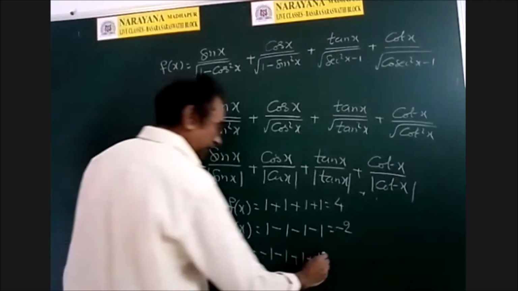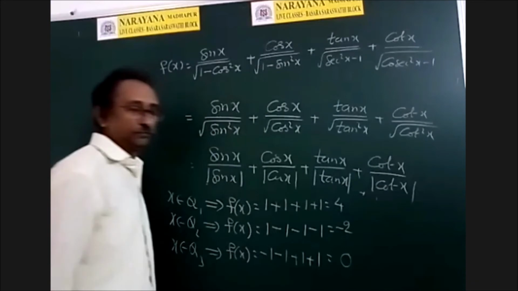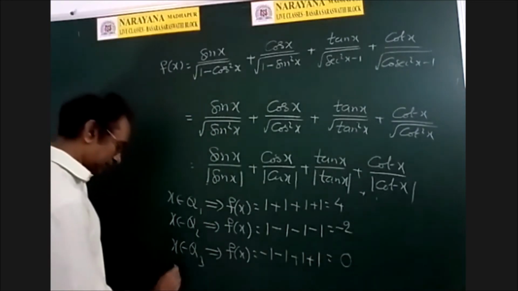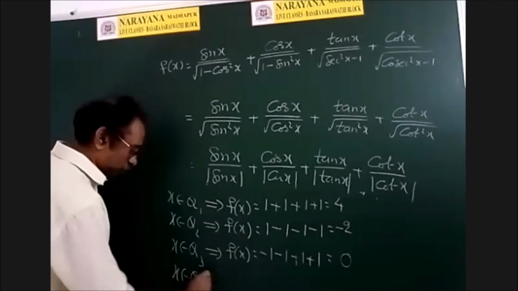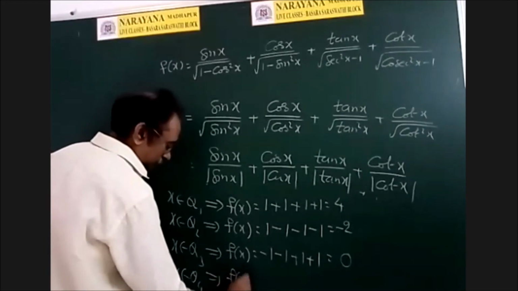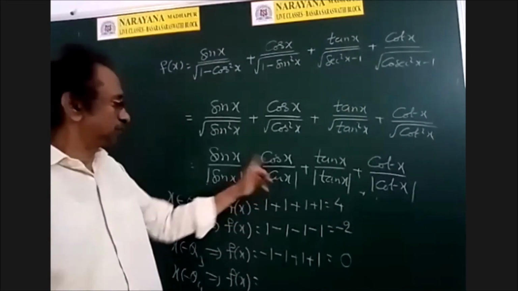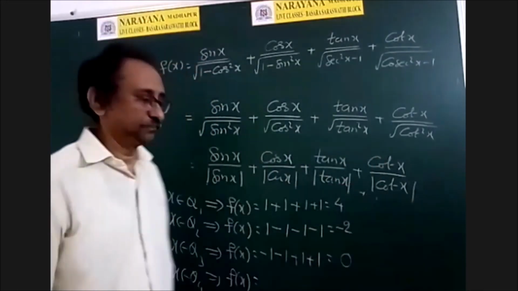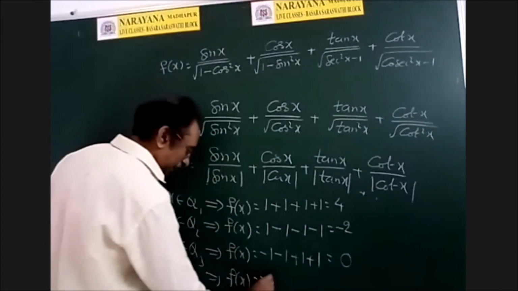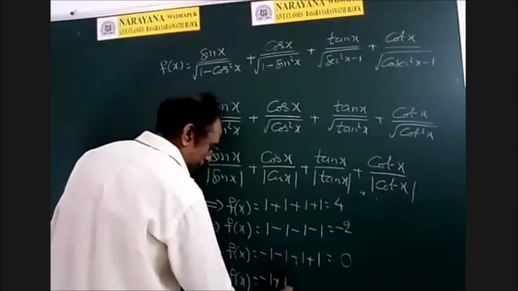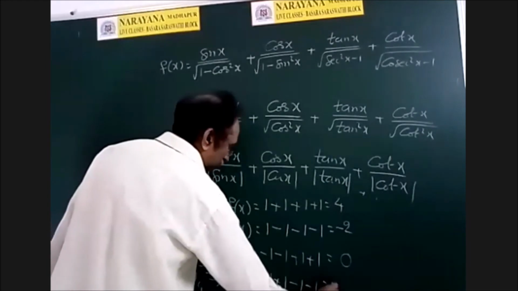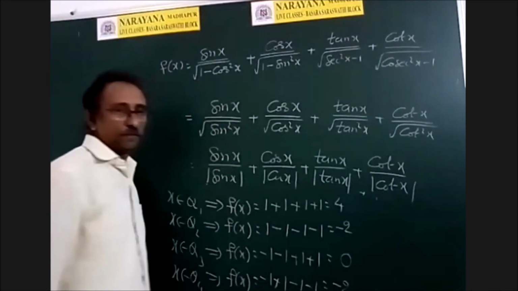Therefore, you will get minus 2 plus 2, that is 0. And suppose x belongs to the fourth quadrant, only cos x is positive and the rest are all negative. Therefore, this will become minus 1, this will become plus 1, minus 1, minus 1. So again we get minus 2.